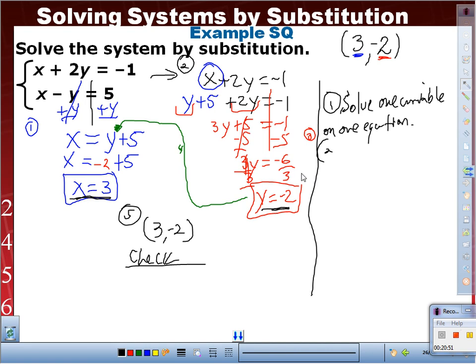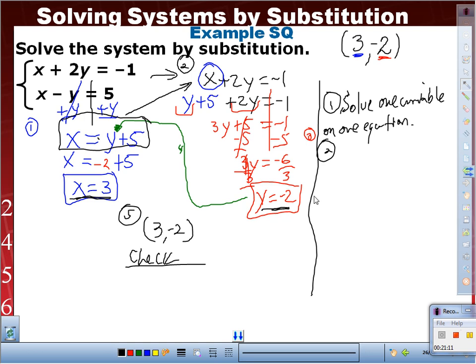Okay. What is step 2? That was step 1. So this was step 1 right here, up to right there. Close. We went from here to here.